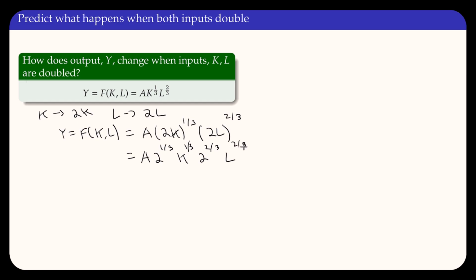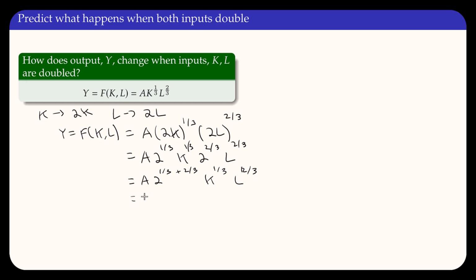Again, we can use the exponent rule that says if they have the same base and they're multiplied with each other, we add up the exponents. So we've got A times 2 to the power of 1/3 plus 2/3 times k to the power of 1/3 times L to the power of 2/3.